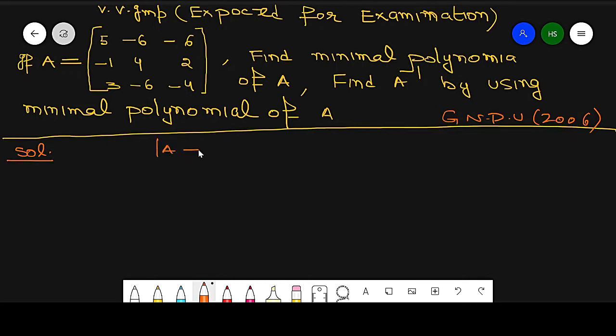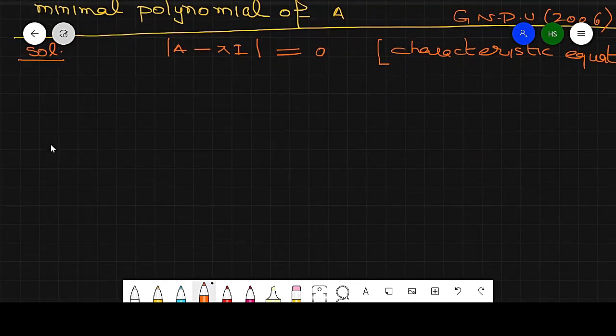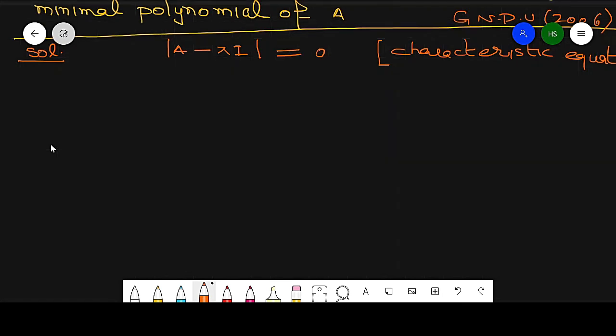Determinant of A minus lambda I is equal to 0. Let A be a matrix, the characteristic equation is determinant of A minus lambda I equal to 0.